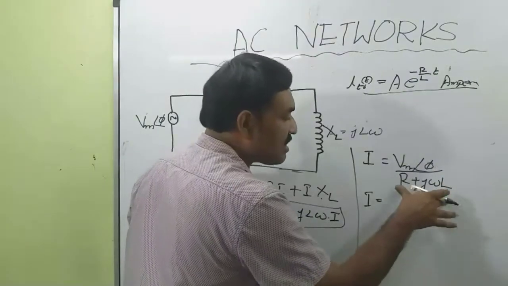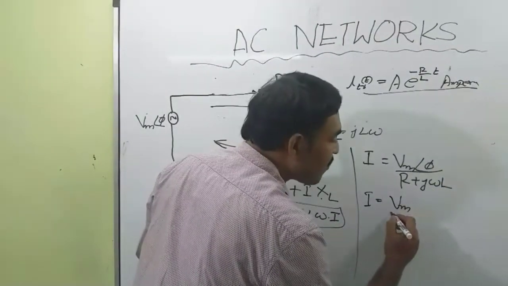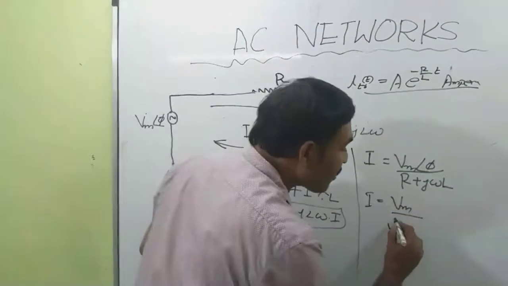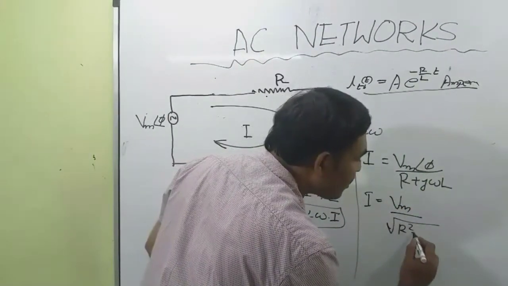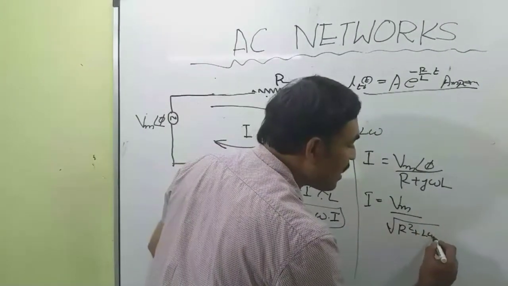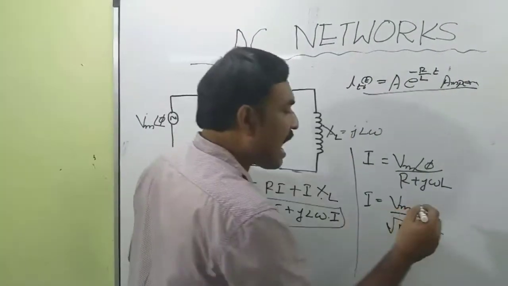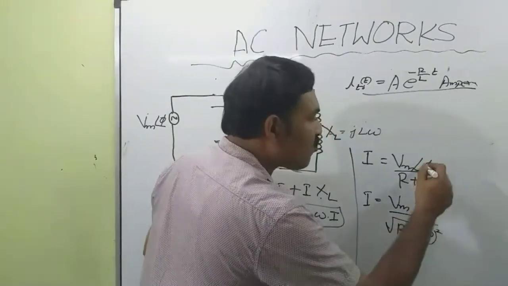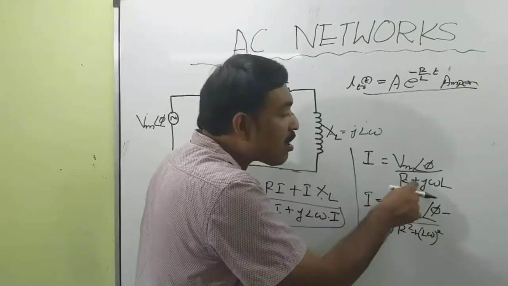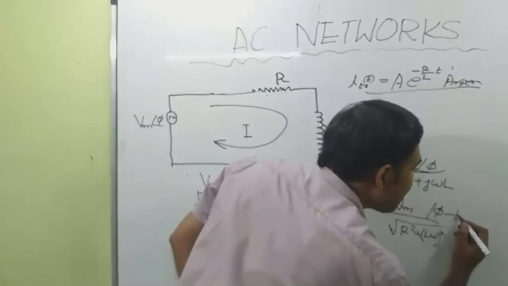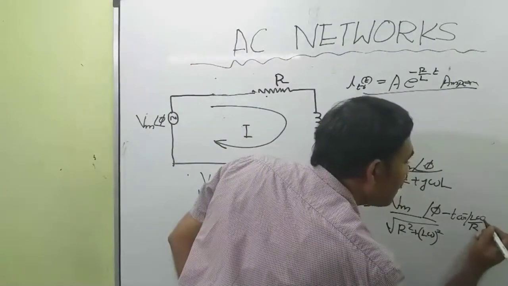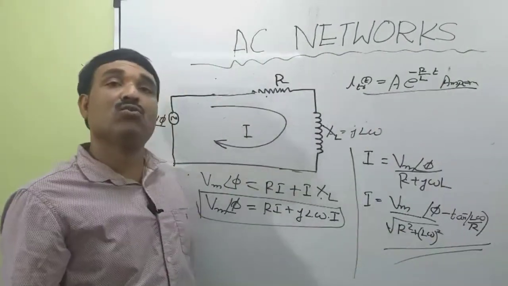The magnitude is Vm divided by the magnitude of R plus j omega L, that is square root of R square plus (L omega) square, at an angle phi minus the angle contribution of the term R plus j omega L, that is tan inverse of L omega divided by R. This is the polar representation of current.